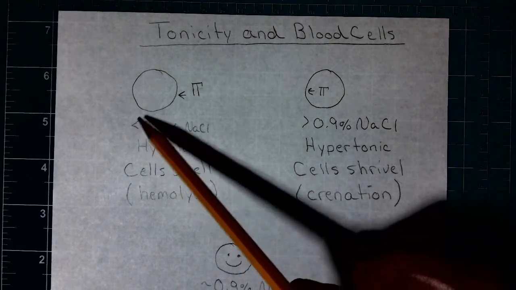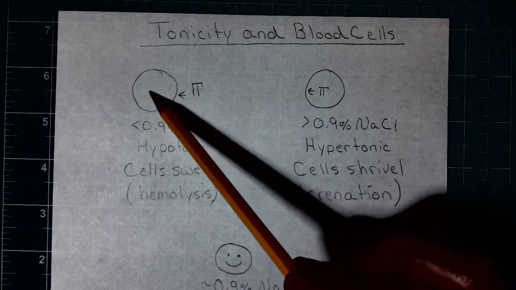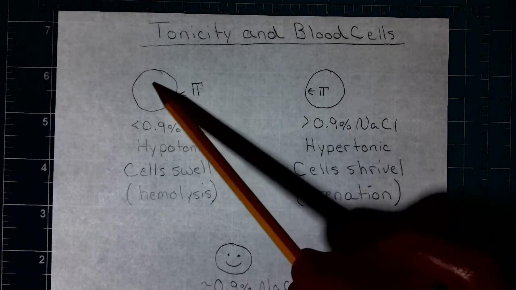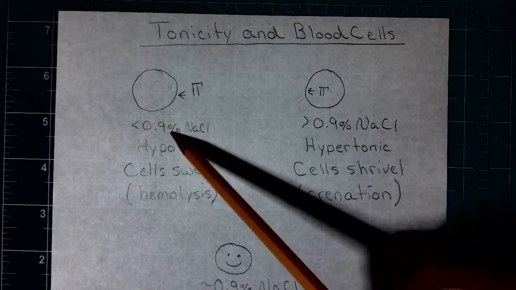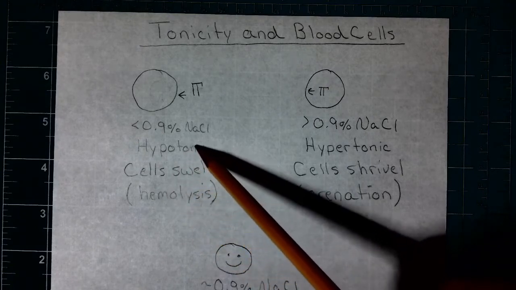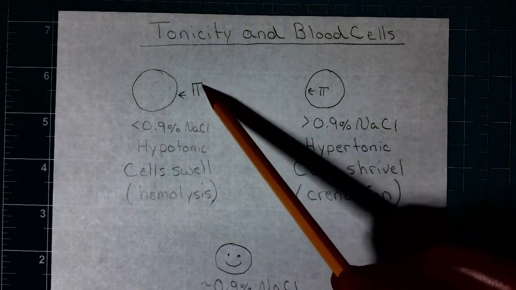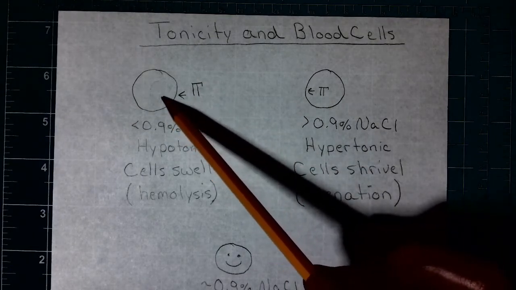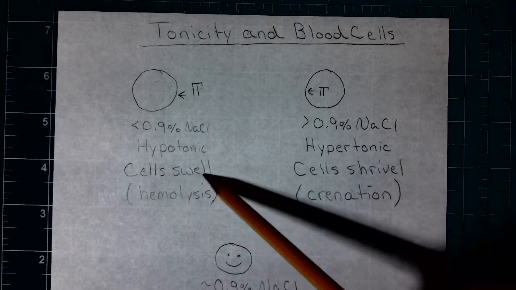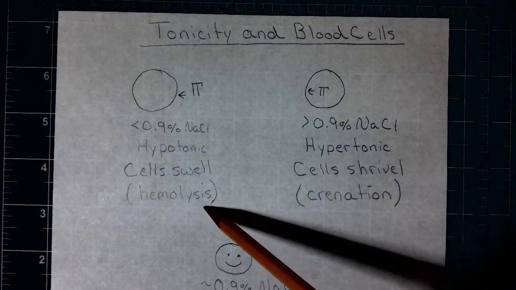If you add a blood cell, which also has an inside that's about 0.9% NaCl, into a solution that has less than that amount of salt in it, it's in a hypotonic solution. What happens is there's osmotic pressure across this membrane that goes into the cell, and the cell starts to swell and fill up with water. This is called hemolysis.